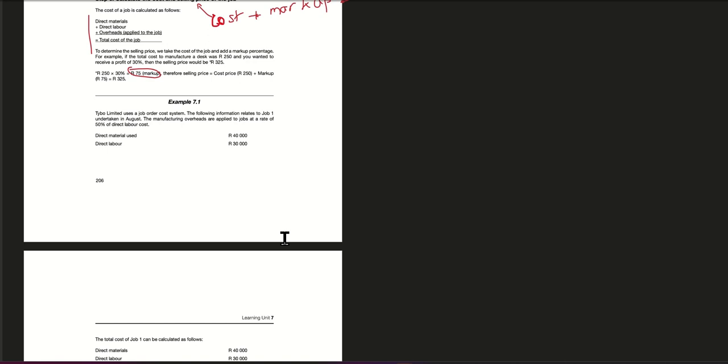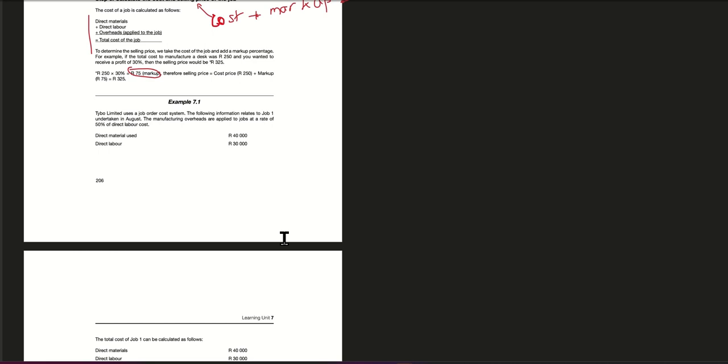If you see in your exam they're referring to a specific job and putting a number to identify that job, then you know you are dealing with job costing, because they're telling you the first job, job one. I suppose that will be the primary job, whatever it is, but there is a job, and so we are zooming in on the job. So job one undertaken in August.